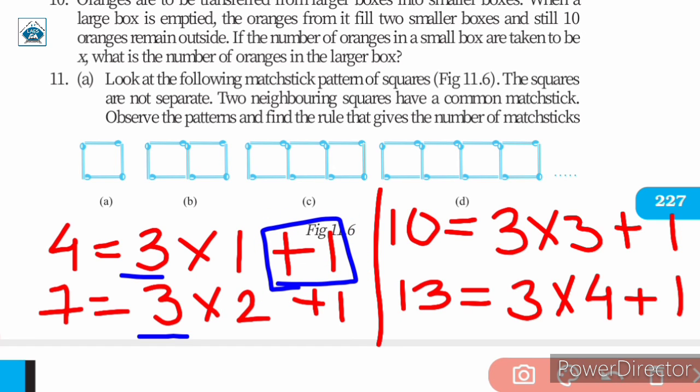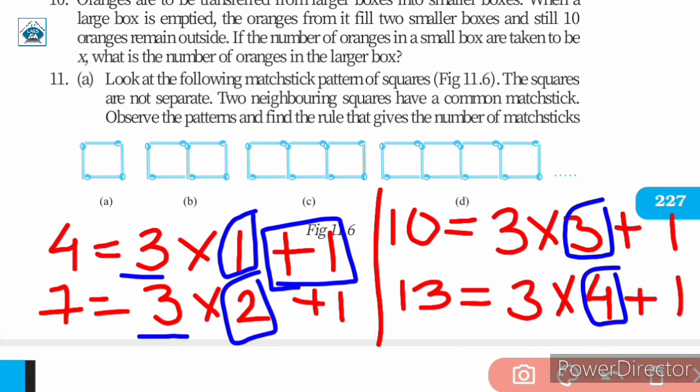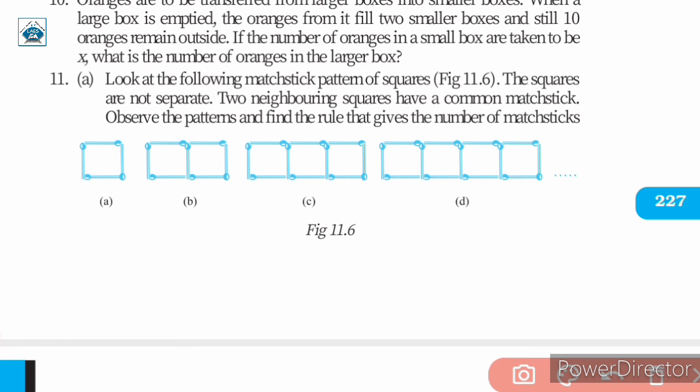That is, if n is equal to 1, n is equal to 2, n is equal to 3 and n is equal to 4, we have to multiply it with 3 and add it with 1. So here we have a rule, 3 multiplied by n plus 1.